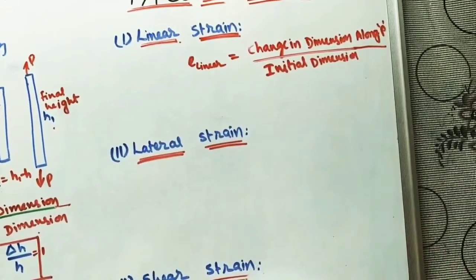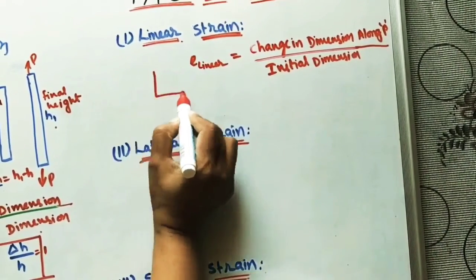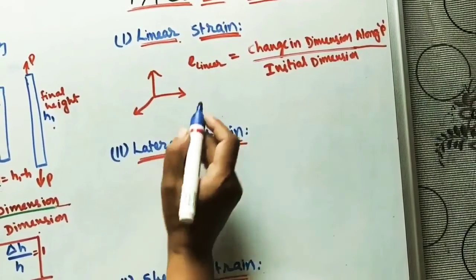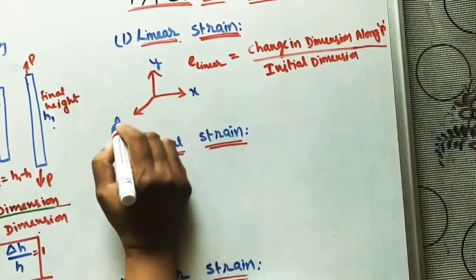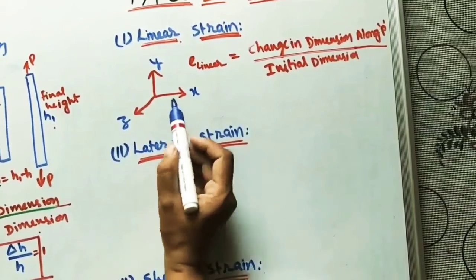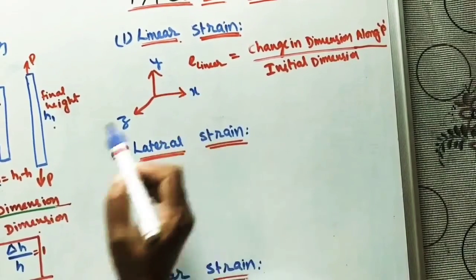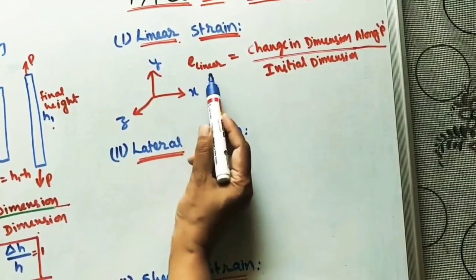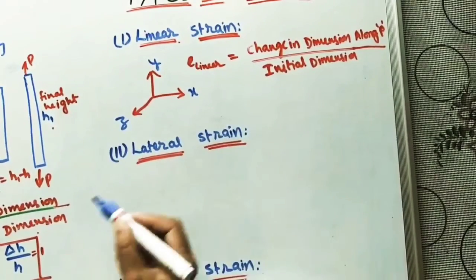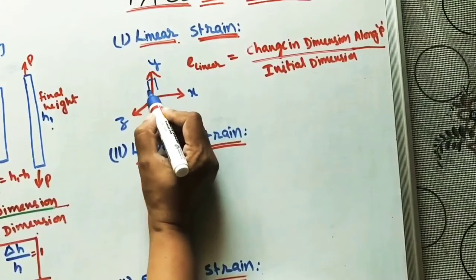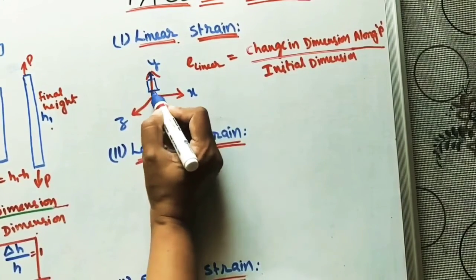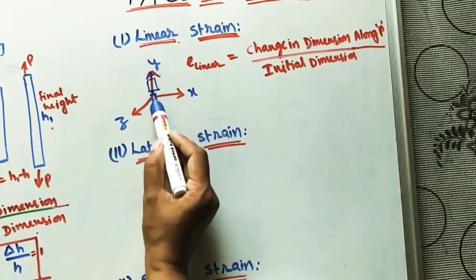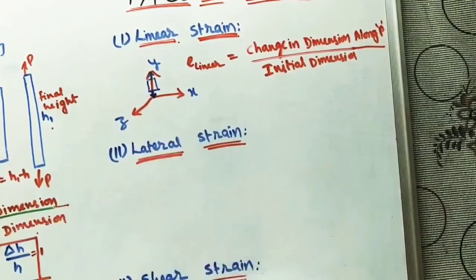Here I want to tell one thing: we are taking three axes, the x-axis, y-axis, and z-axis. If we are taking the object along the x-axis, whatever strain we are getting is a linear strain along the x-axis. If I am applying the force along the y-axis, whatever strain is coming is the linear strain along the y-axis.